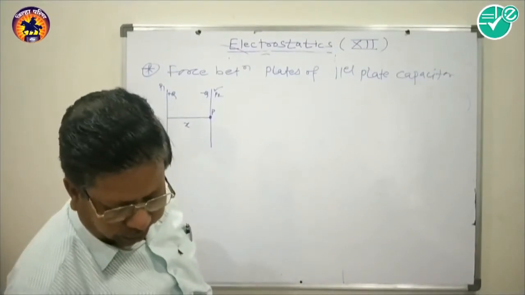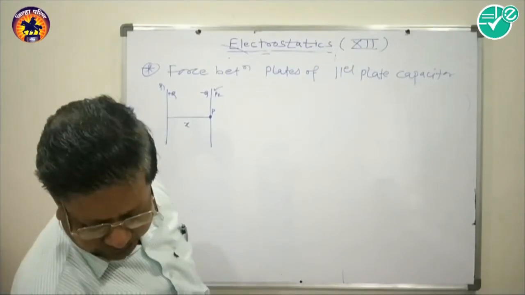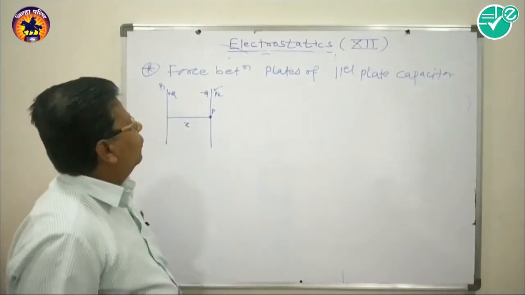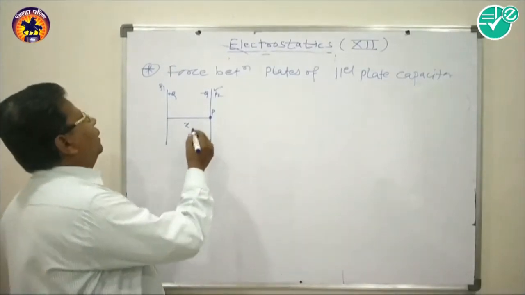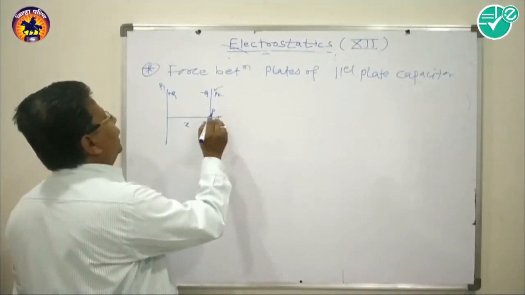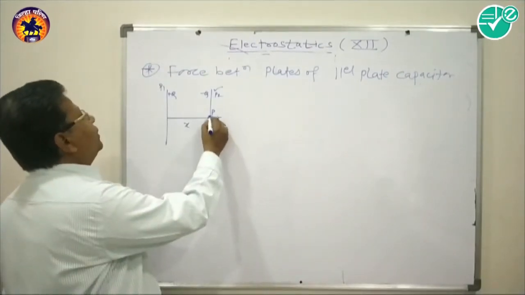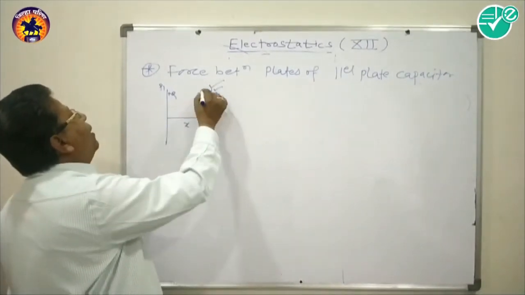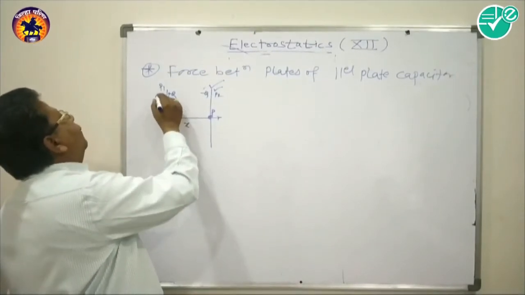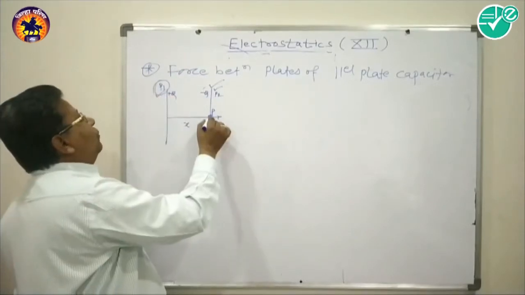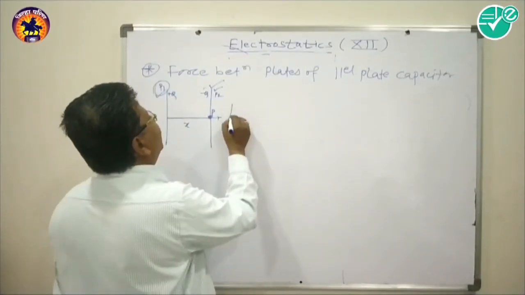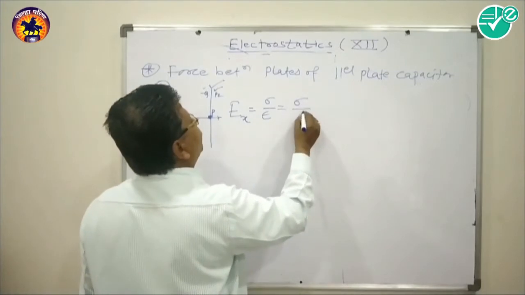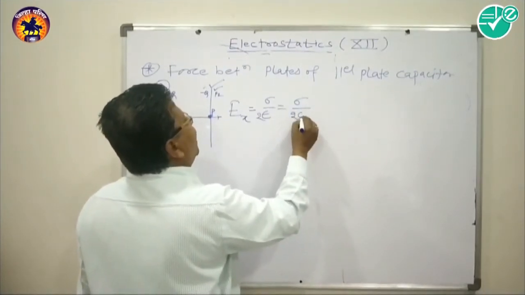In order to find the value of force between the two plates of the capacitor, we want to find the value of electric intensity at a point P, which is on the charged conductor P2 having charge minus Q, due to charges present on P1, and that electric intensity is given by the formula sigma divided by epsilon, which is equal to sigma divided by 2 epsilon 0 K.